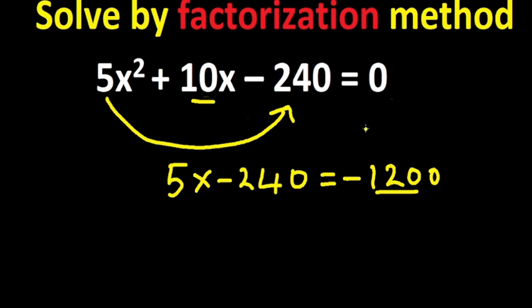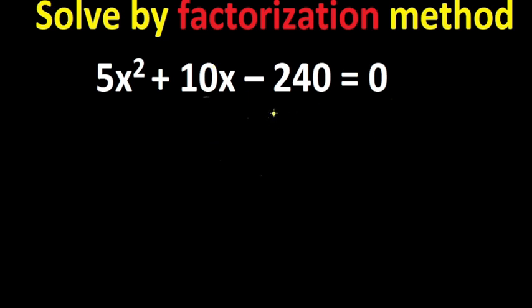So how do we find the factors of negative 1200 that will sum up to give us 10x? Now, this is the trick. We're going to use this simple formula: h plus or minus b over 2. You can use this formula for any quadratic equation that can be solved by factorization method to find the factors that will sum up to give us b, that is in this case 10.